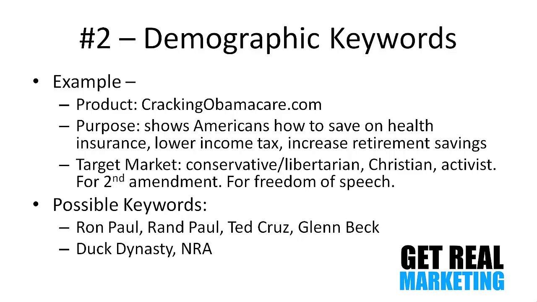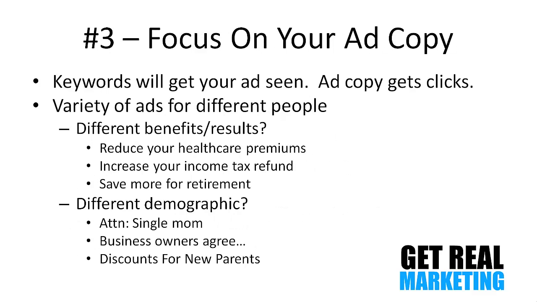We might also go around keywords like Duck Dynasty, which is a very popular TV show for that demographic, or the NRA, the National Rifle Association. Going after those types of keywords that are not necessarily obvious, like healthcare or health insurance would be, but they're also not $5 per click. So going into those lateral markets and demographic type keywords is going to help you lower your cost per click and get your ads seen a heck of a lot more.